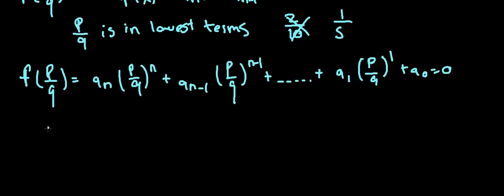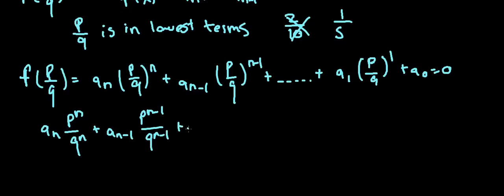And this is going to equal a_n p to the n over q to the n plus a_(n-1) p to the n minus 1 over q to the n minus 1, plus ... plus a_1 p over q plus a_0 is equal to 0.